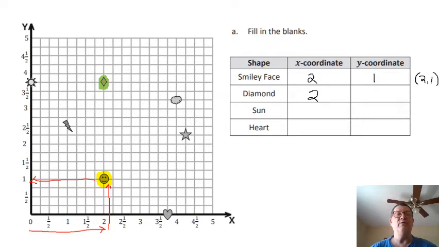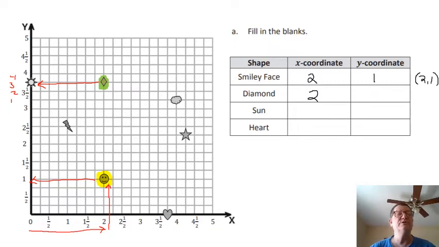Now, if I'm looking for my y, which is how high, I'm going to come across here and see what this unit is right here. And I can see this is between 3 and 4. And I have 3.5 underneath of it. So first thing I need to do is identify how many units are in between. So if I started at 3, count up, I got 1, 2, 3. They're split up into 4 sections in between 3 and 4.